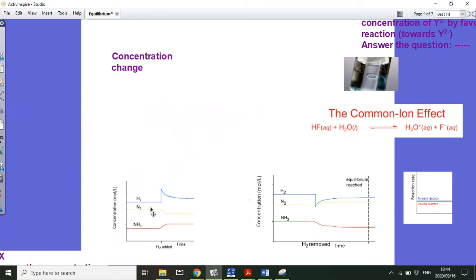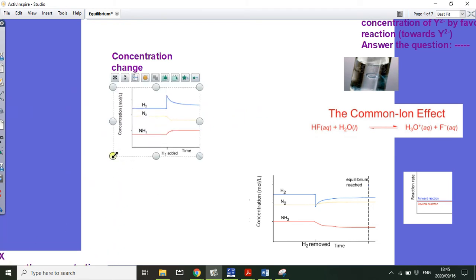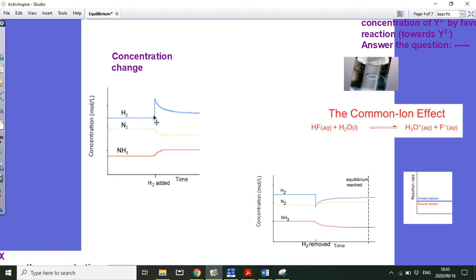So if it was our H2 and N2 reaction again, you can see I've added H2, so this one shot up. But the reaction is immediately going to try to get rid of it by favoring the reaction away from the H2.